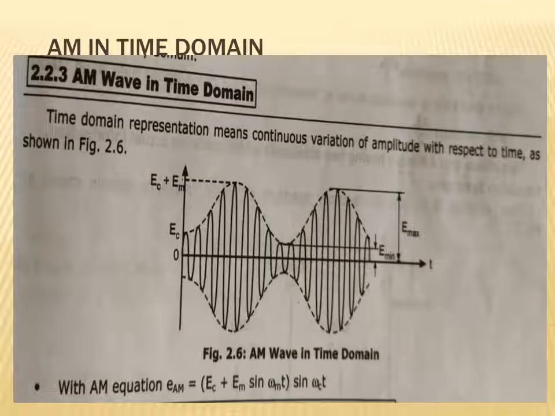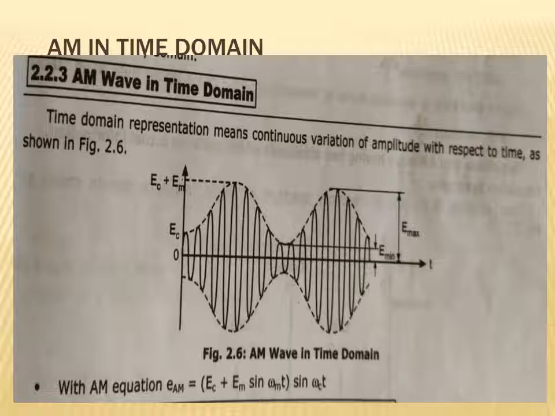Next, see what the time domain representation is and what the frequency domain representation is. We will see how AM is represented in the time domain. The AM wave represented in the time domain is shown in the figure. This is nothing but your AM wave.